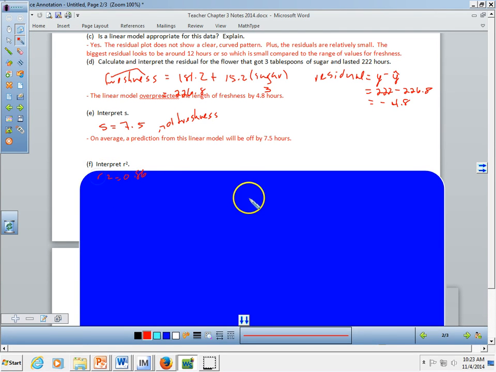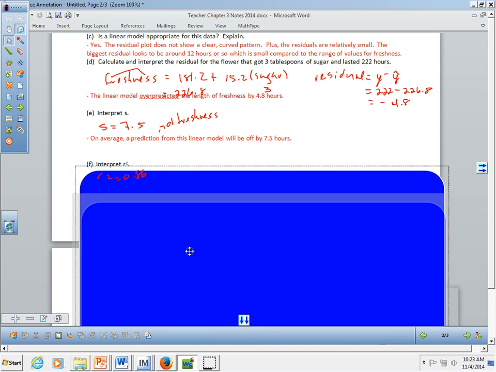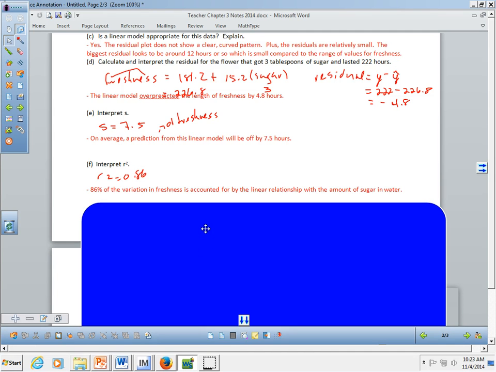Stop the video, try your interpretation, see what you come up with. Did you say that 86% of the variation, or you can use the word change, 86% of the variation in freshness is accounted for by the linear relationship with the amount of sugar in the water.